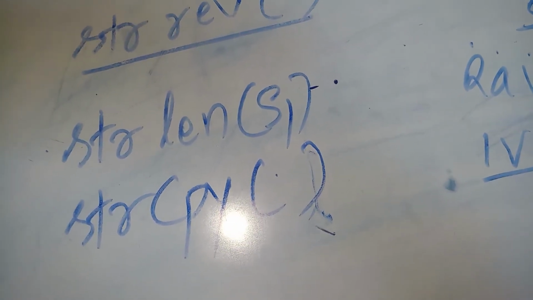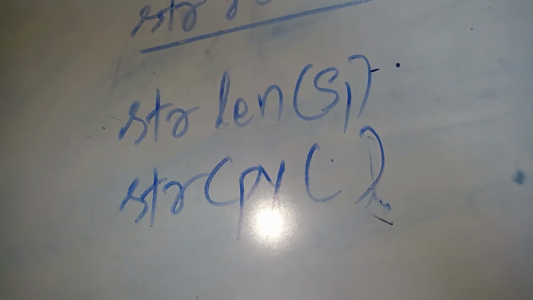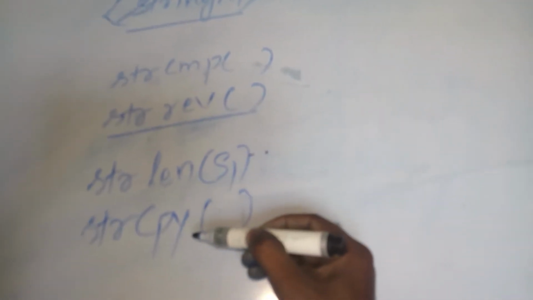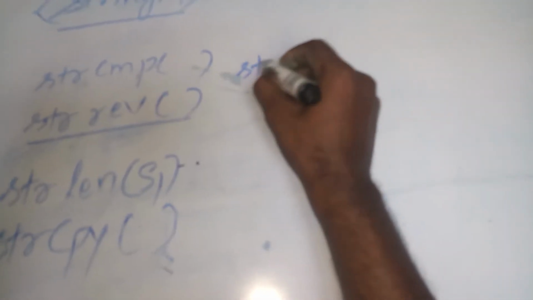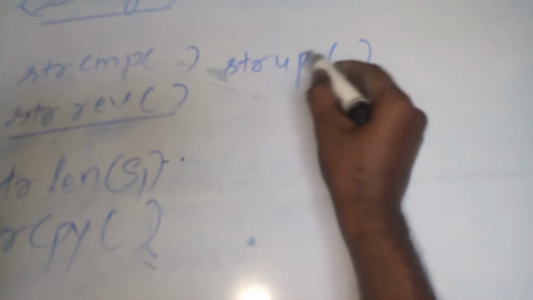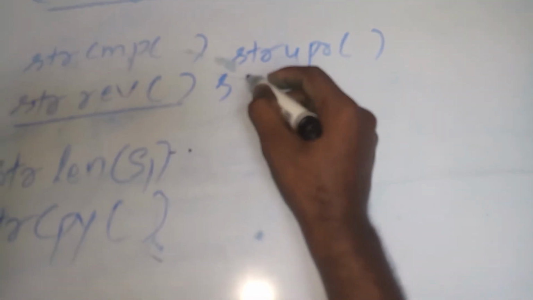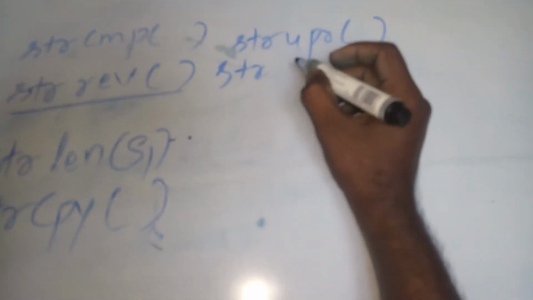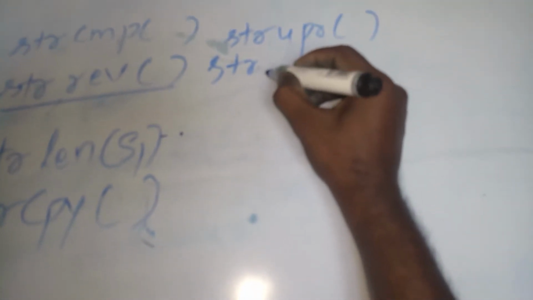So we have cmp, rev, length, copy. And strupr: if you want to get the data in uppercase, we go with strupr. If you want to get the content in lowercase, strlwr.